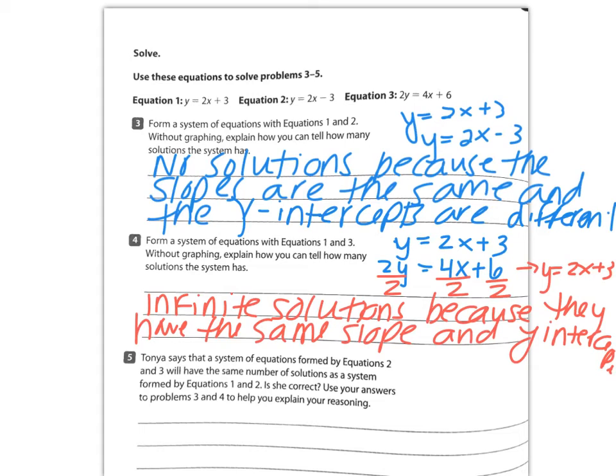So in 2 and 3, knowing that equation 3 is y equals 2x plus 3, the system with equations 2 and 3 is going to have no solutions, and the system with 1 and 2 also has no solutions. So yes.